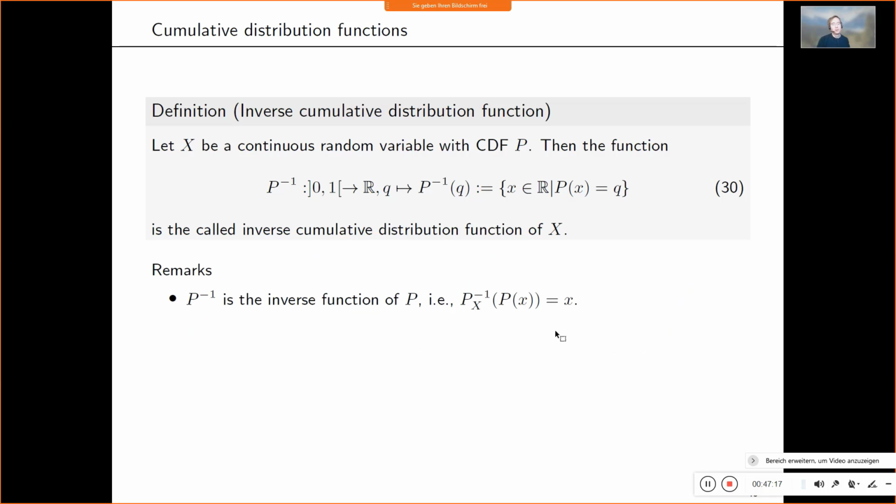Good. Now for the last few minutes, the notion of inverse cumulative distribution functions, or quantile functions.